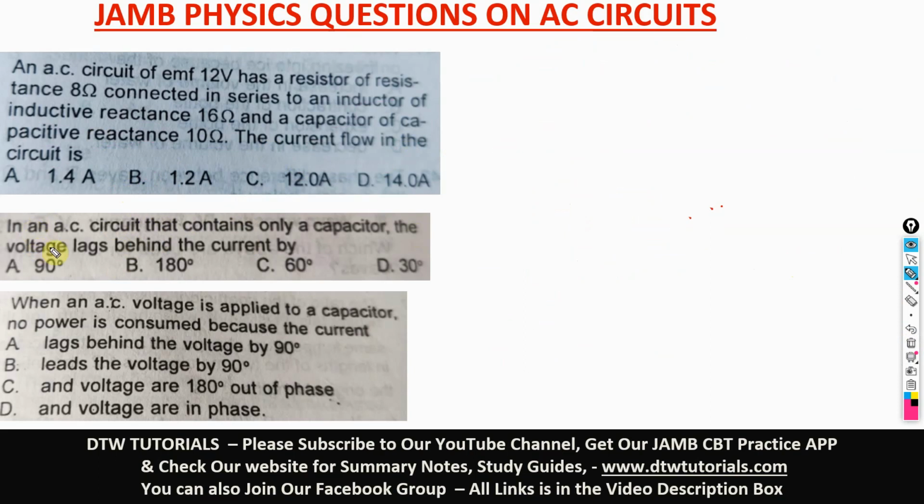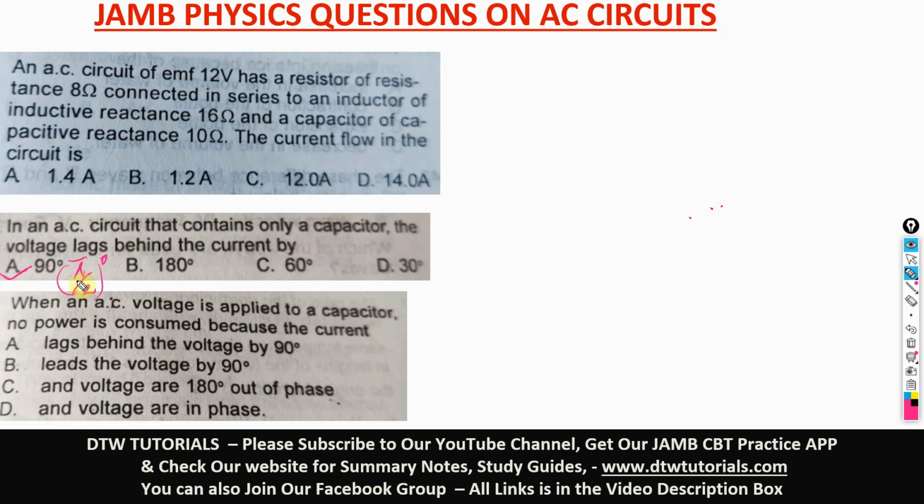This question says in an AC circuit that contains only a capacitor, the voltage lags behind the current by 90 degrees, not 180. It's either 90 degrees or pi over 2. In case you don't see 90 but you see pi over 2, it's the same thing as 90.